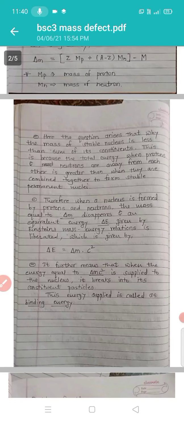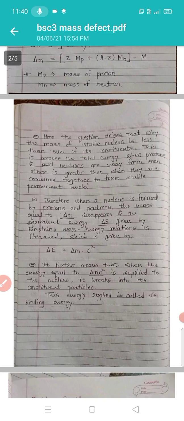Here the question arises: why is the mass of the stable nucleus less than the sum of its constituents?